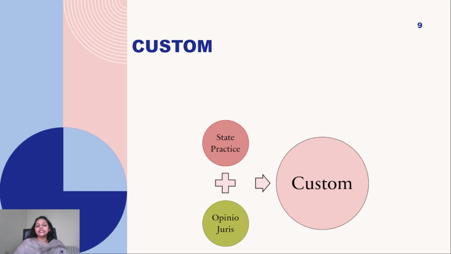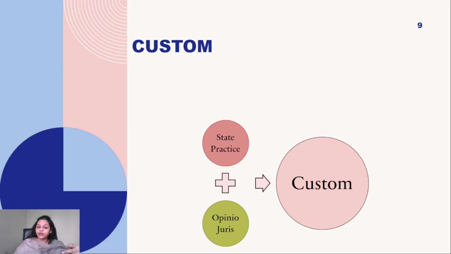Now to prove that, state A must show evidence that state B previously used to practice giving asylum to asylum seekers, right?